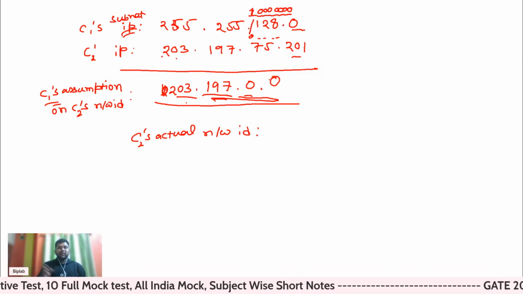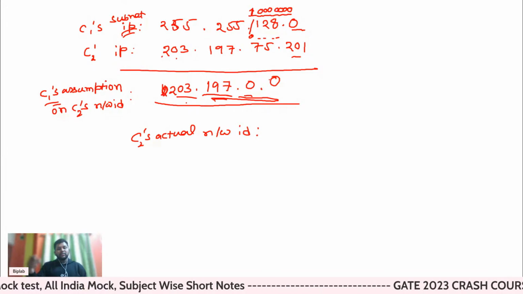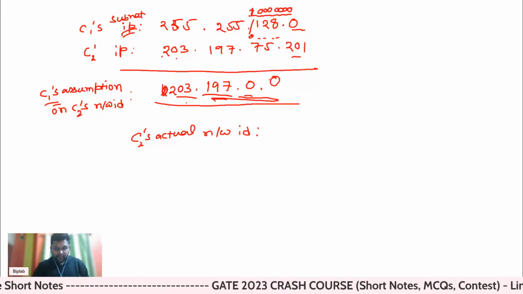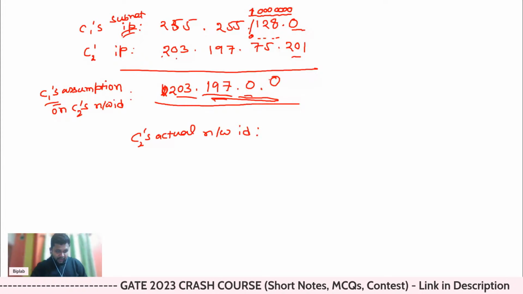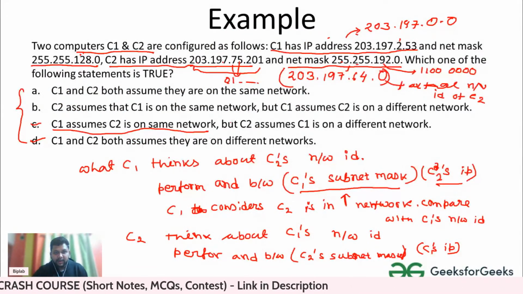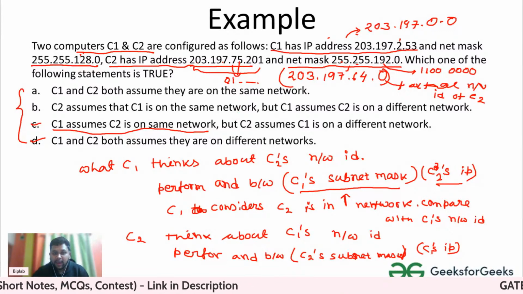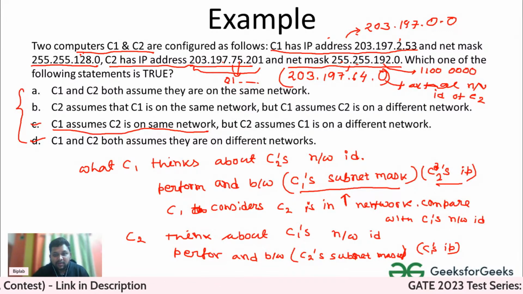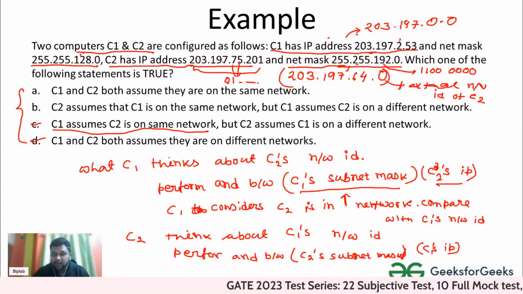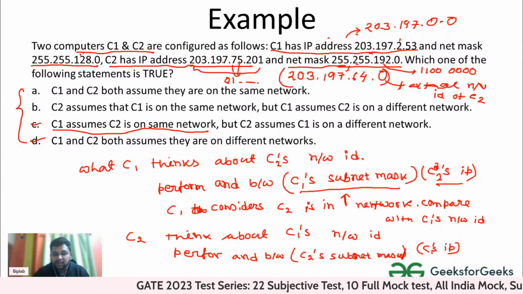Now we have to do vice versa operation. That is C2 subnet mask with C1's IP address. Okay, so let me do it here directly. That is perform AND between C2 subnet mask with C1's IP address. That is what C2 assumes.